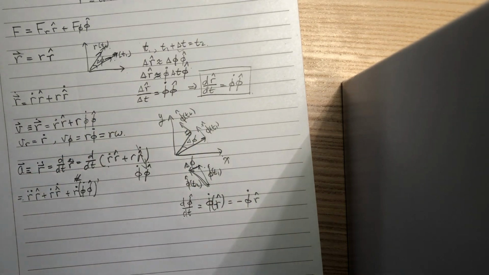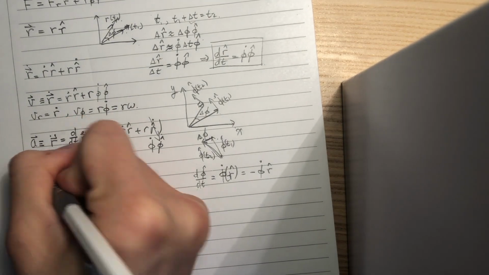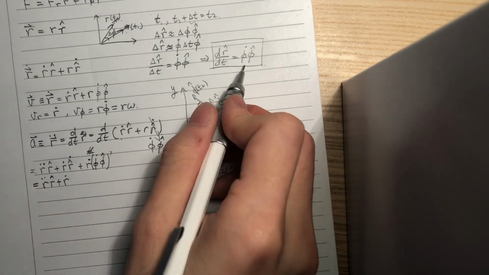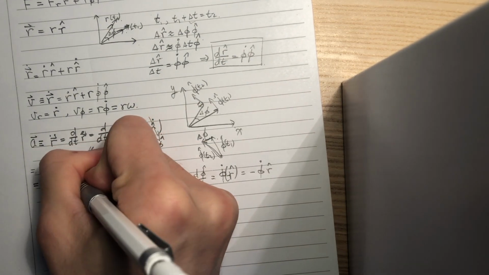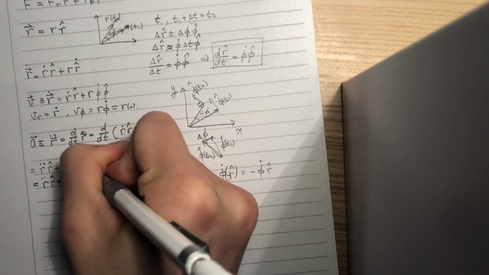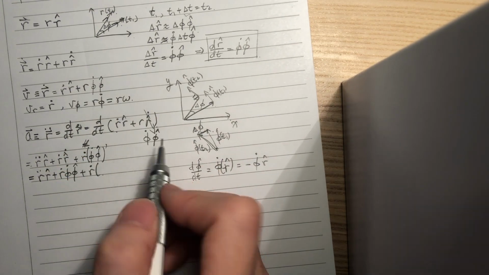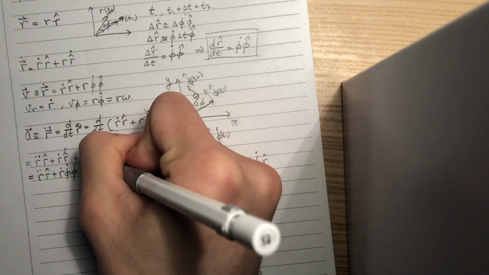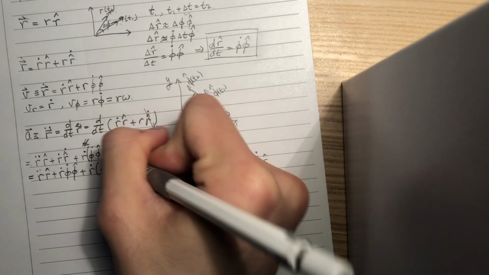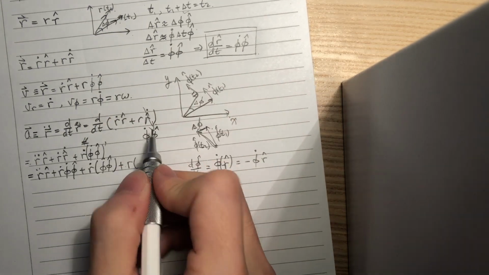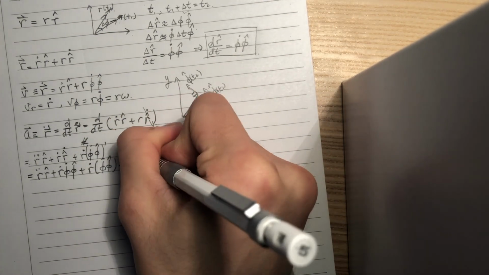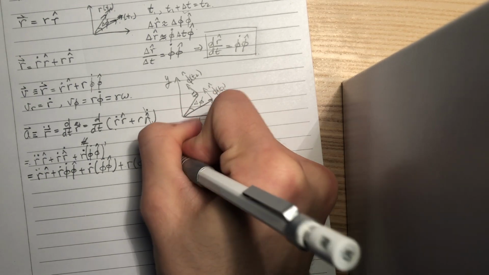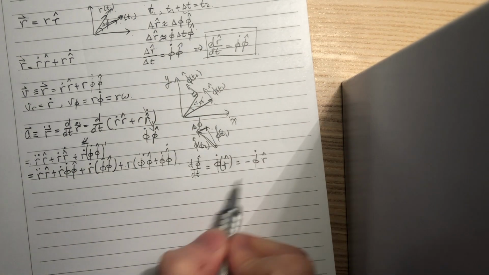We're taking the derivative of this, which equals r double dot r hat plus r dot, and this is this, so phi dot phi hat, plus r dot. We're multiplying by simply phi dot phi hat, and then adding r and the derivative inside, which is phi double dot phi hat plus phi dot phi hat dot, which we got from here.